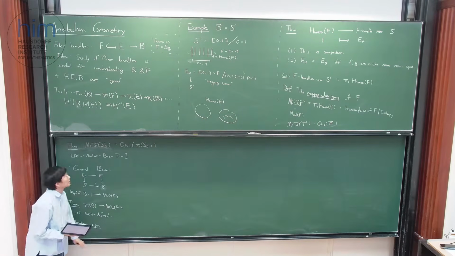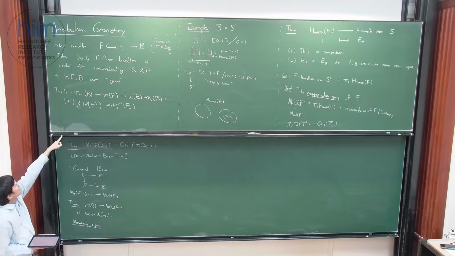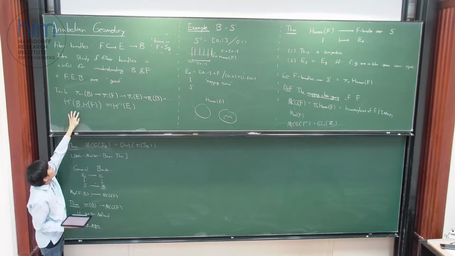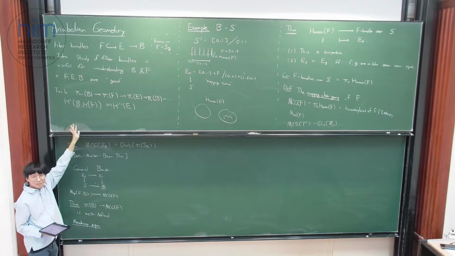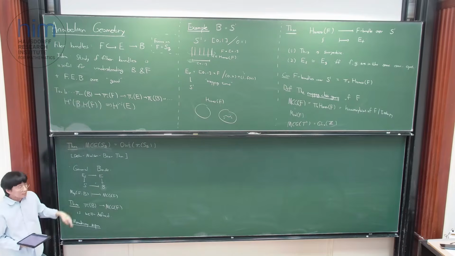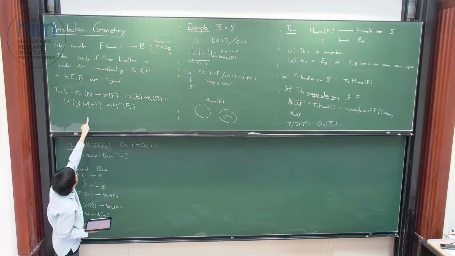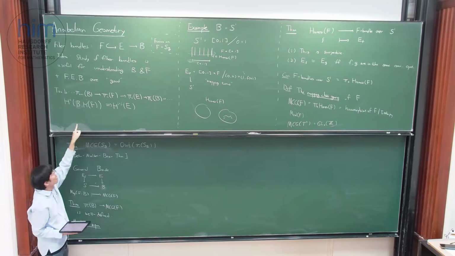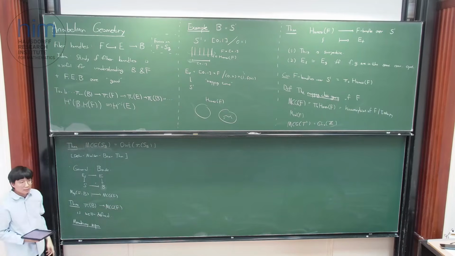Okay, let me give you an example. In this spectral sequence that I've written down here, if you consider this homology group, there are a few subtleties, because although I write down H_j of F, it is not just a group. It is indeed a local system, and you should take the cohomology in terms of a local system.